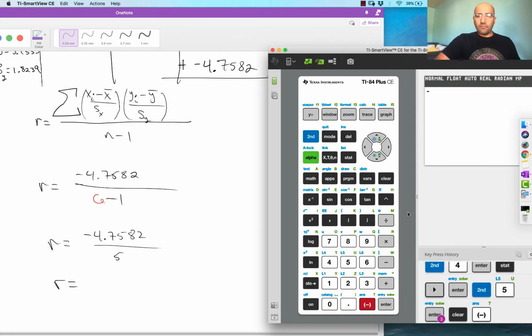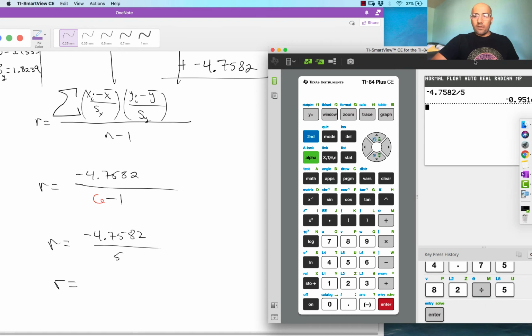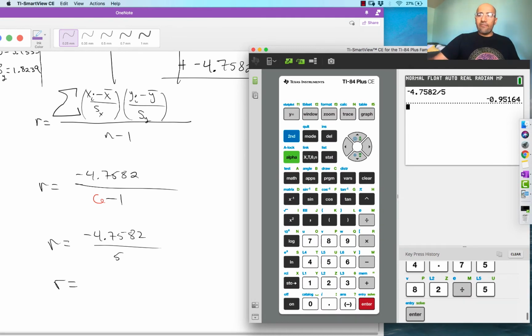Make sure you're using this button for negatives, by the way. This is subtraction. If you hit that, you're going to get a different result or an error. Okay, so negative 4.7582 divided by 5 gets me to negative 0.9564.